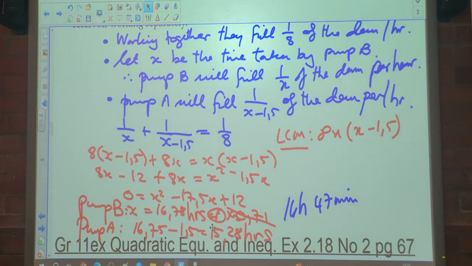And pump B, 16 hours, 37 minutes. Yes? Why, if we take 16 hours 57 minutes minus 1 hour 30 minutes, it will be the same answer. Just a second, let me just see quickly. So the textbook's answer is 16 hours, 37 minutes.